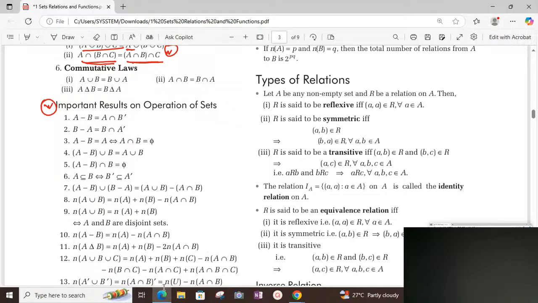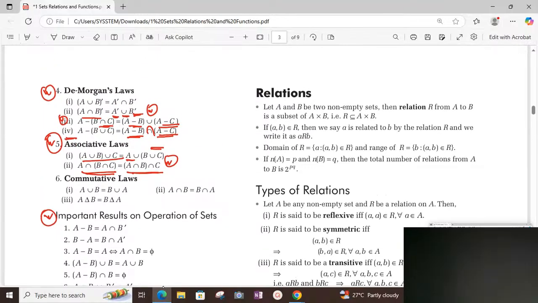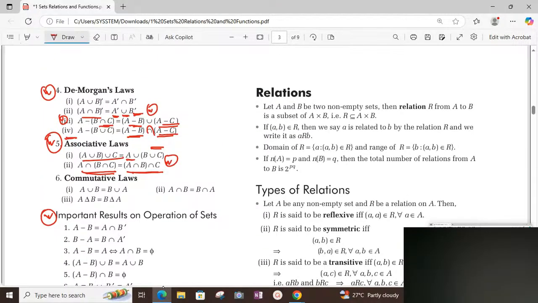Let's see here relations. Let's clear the basic concept of relation. For this we need a proper idea about sets. If we have a proper idea about sets, then we have no problem understanding relations.